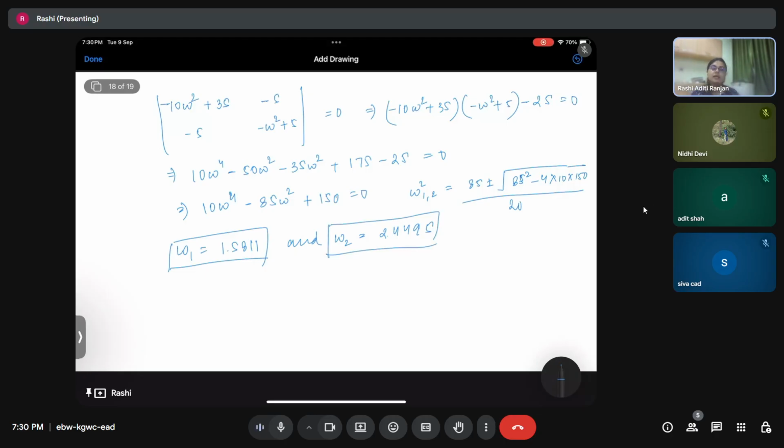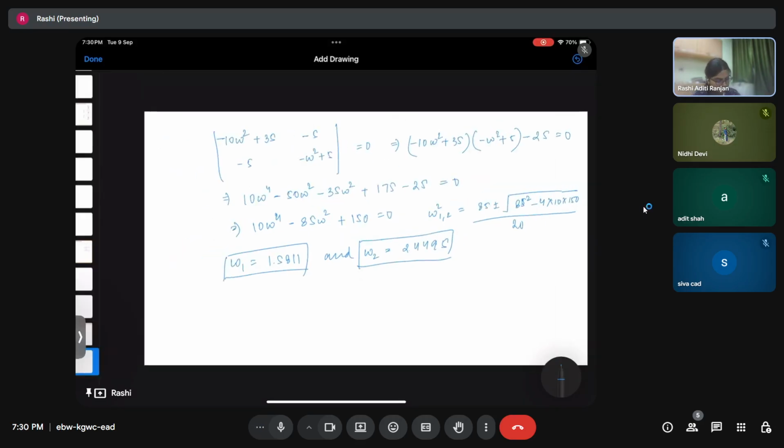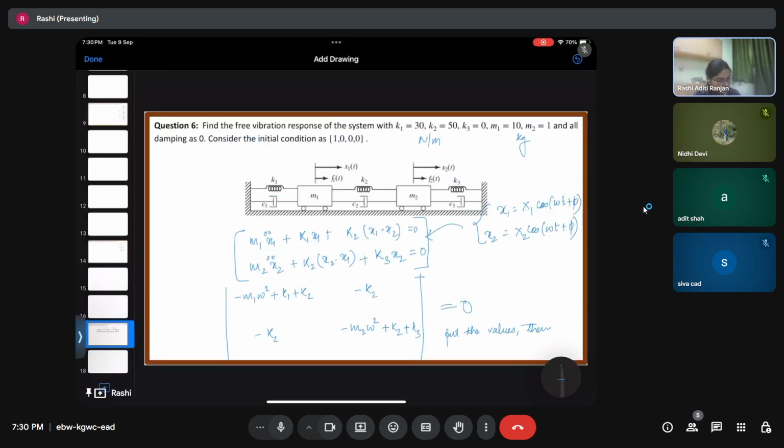But in the question, we have to actually find the response of the system, right? We are supposed to find the free vibration response of the system, wherein we already have the initial conditions of this form.